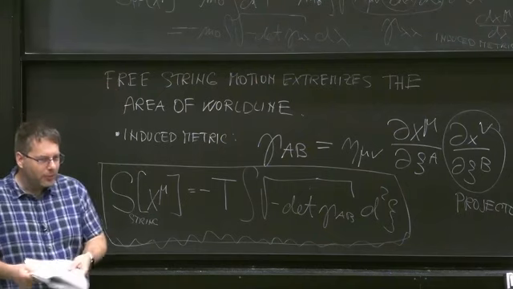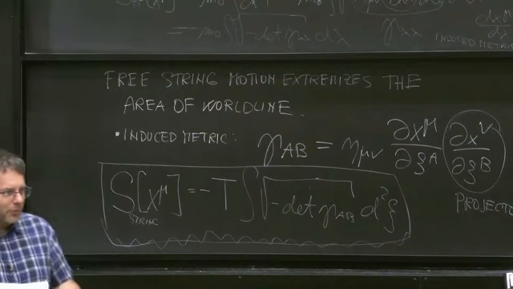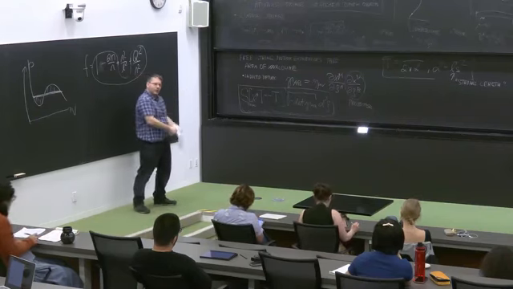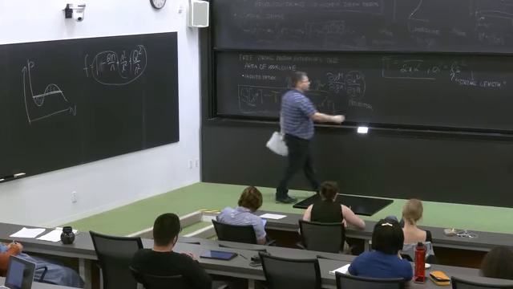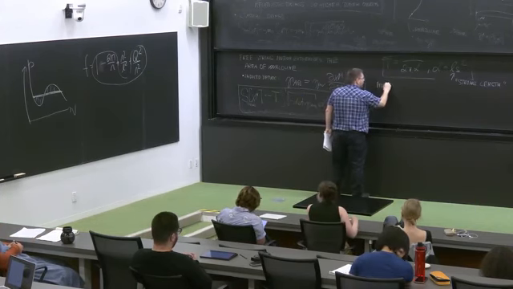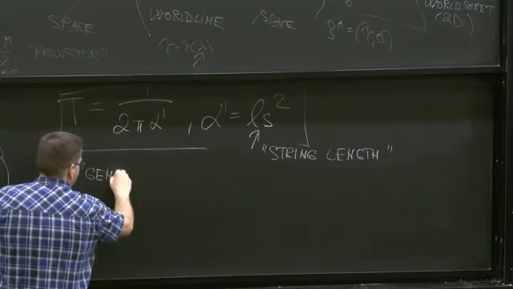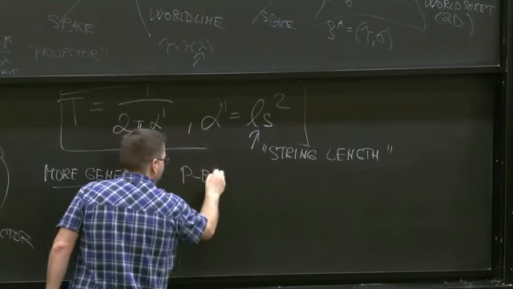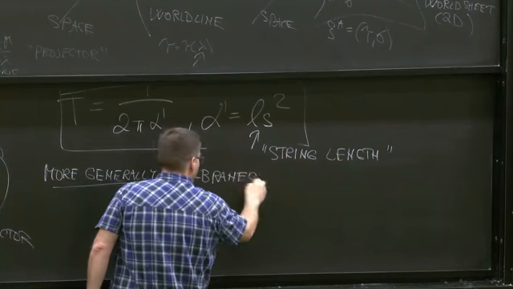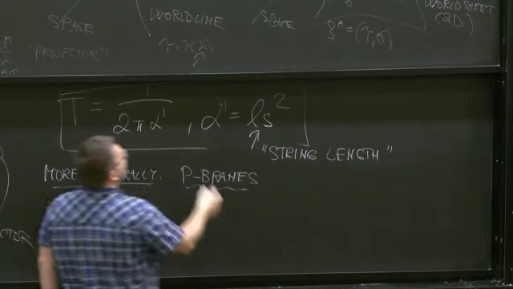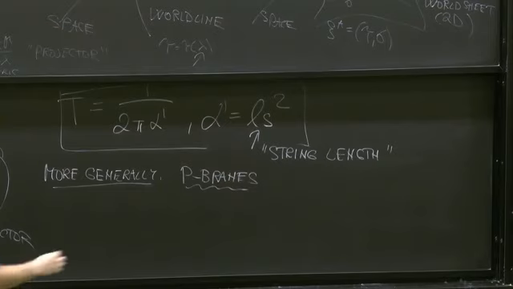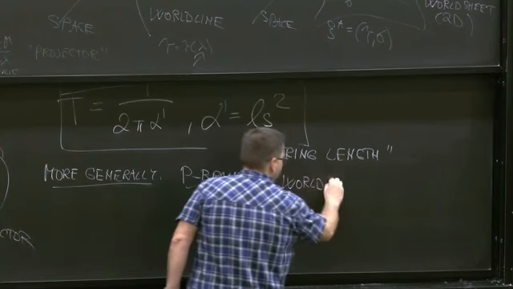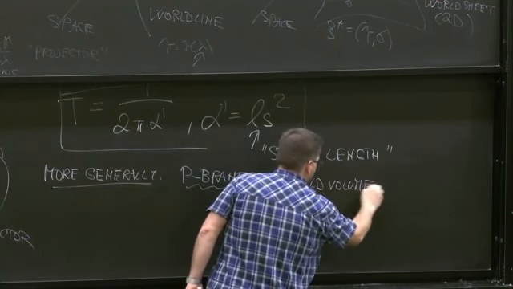So if you don't have a string, but you have a brane, which moves, then you have a two-dimensional object which now moves in space-time, so a three-dimensional thing. So more generally, we have so-called p-branes. We had worldline, worldsheet, so they will have a worldvolume.